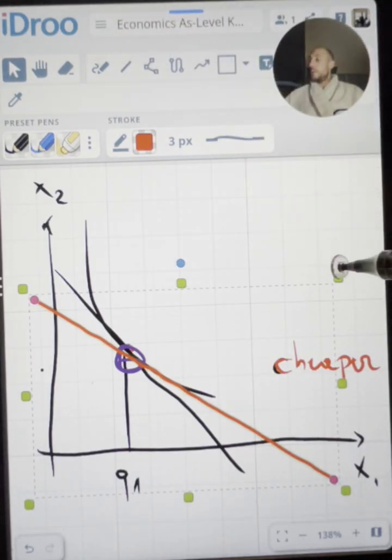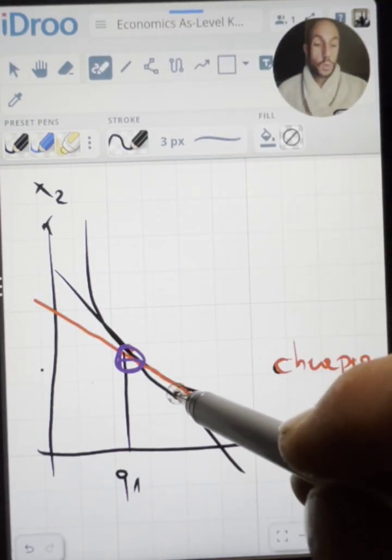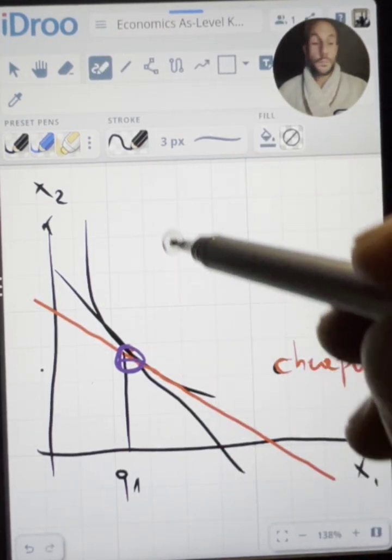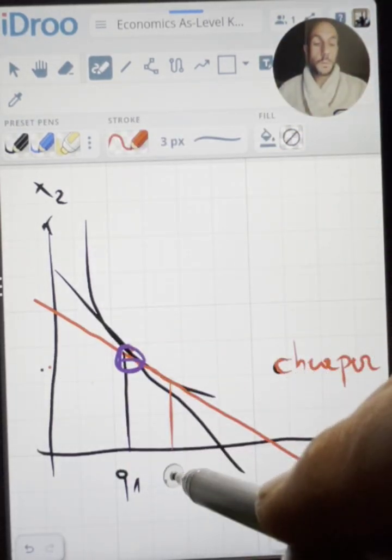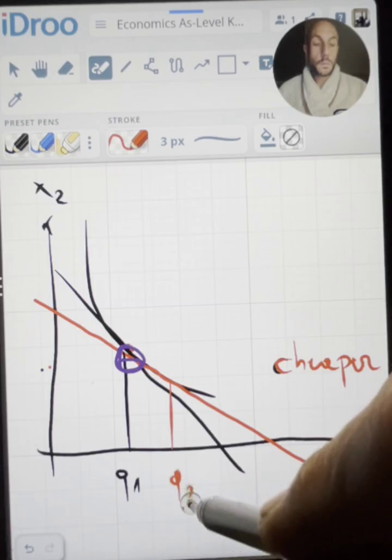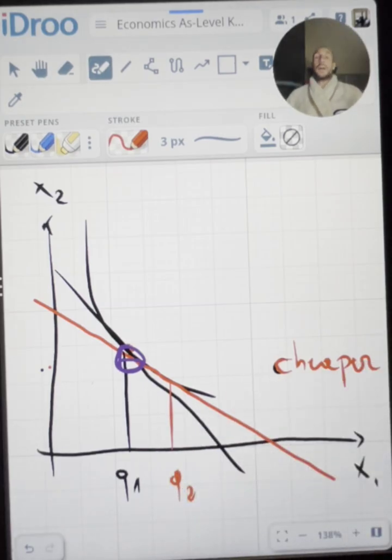And so we have the second quantity, which is roughly here. So the substitution effect is positive. If instant noodles get cheaper, instead of buying 3 packs, you buy 10 packs, so that you haven't got to go to the supermarket every second day.